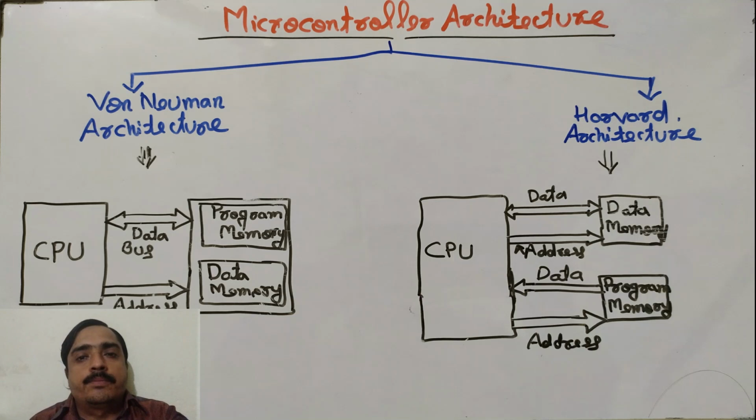At a single time there are two address buses, one for program memory and one for data memory. Similarly, there are two data buses, one for program memory and another for data memory. Hence both accesses can be done simultaneously, so execution is enhanced in comparison to von Neumann architecture. Hence Harvard architecture is better.